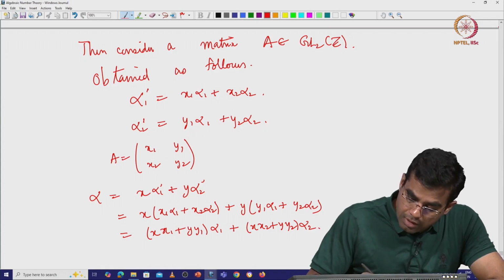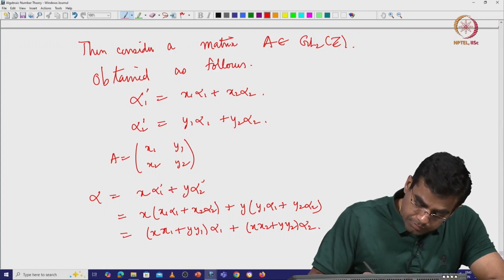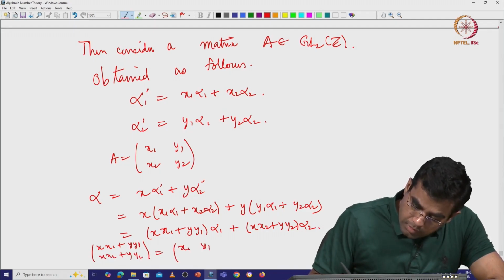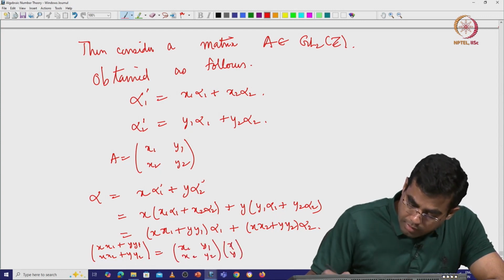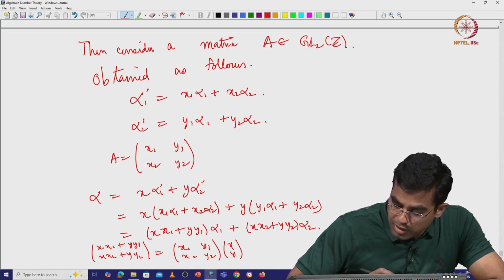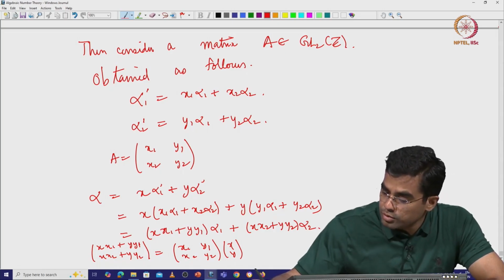The coordinates x x1 plus y y1 and x x2 plus y y2 are obtained as the matrix with entries x1, y1, x2, y2 times the column (x, y). This is why this is the change of basis matrix.